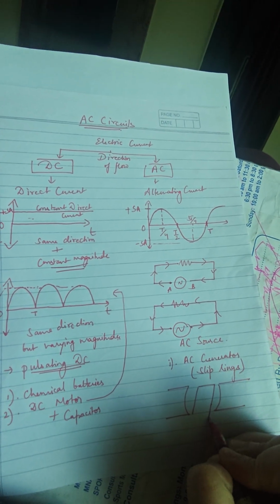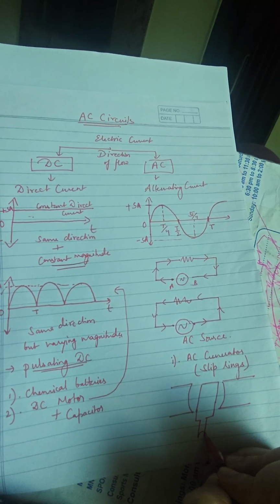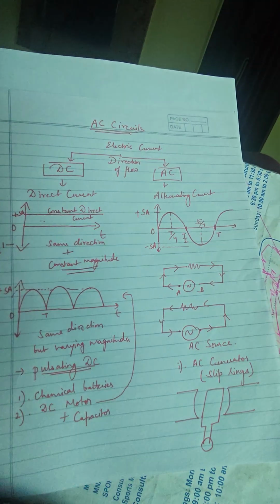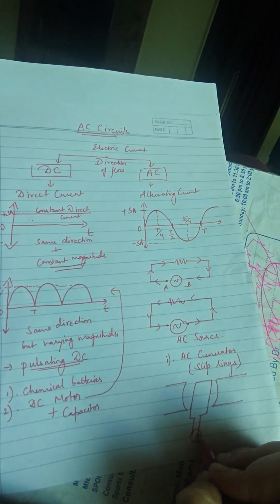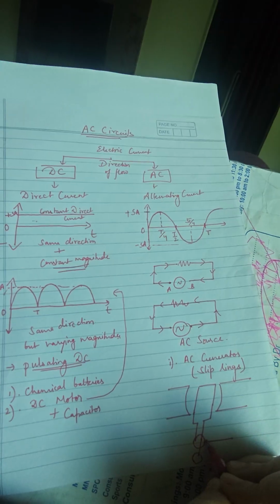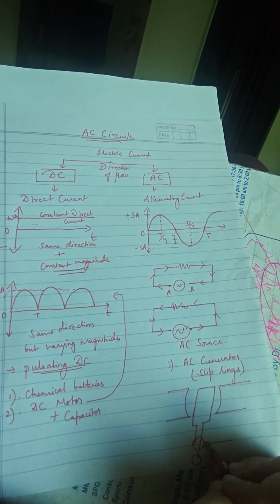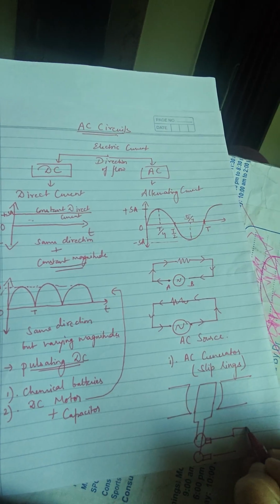So if I have my coil like this, I would have two rings in this coil connected this way, and we can see one carbon brush here, another carbon brush here, and this is how my load is connected here.